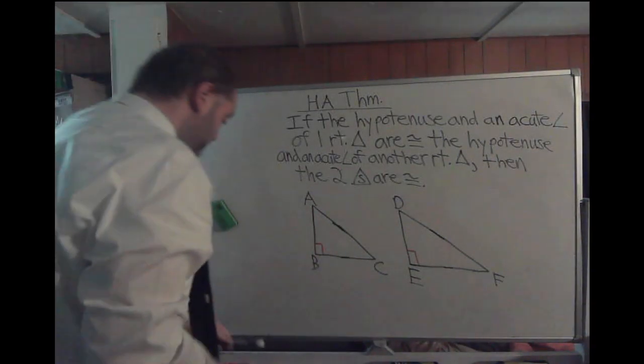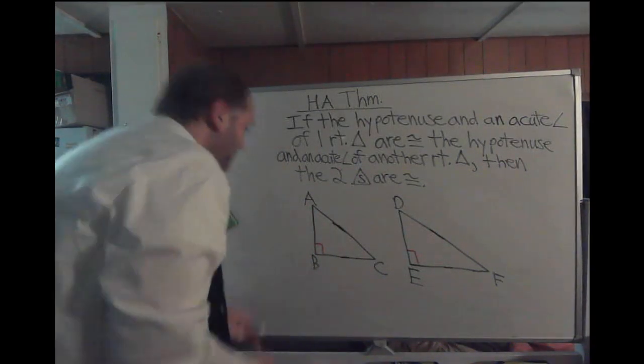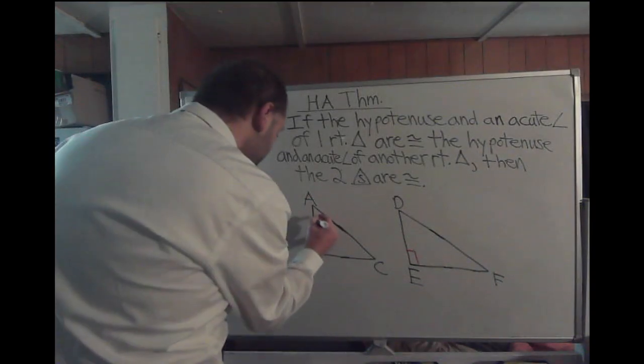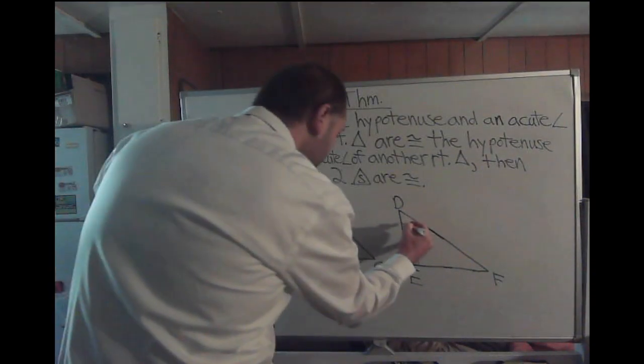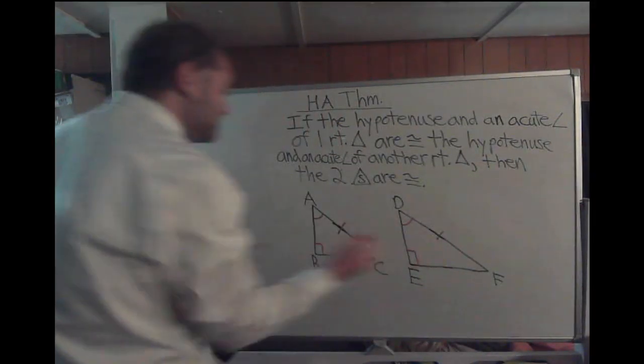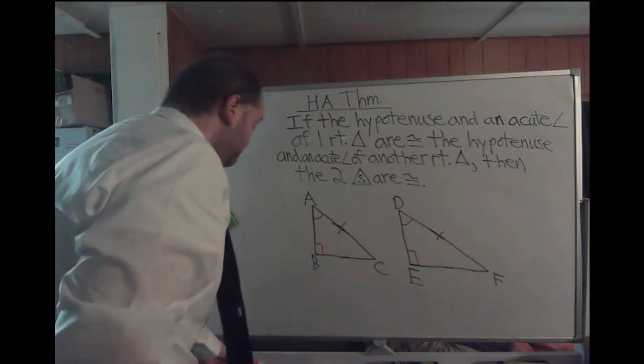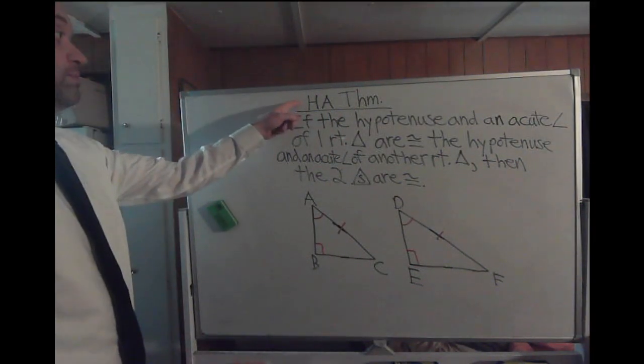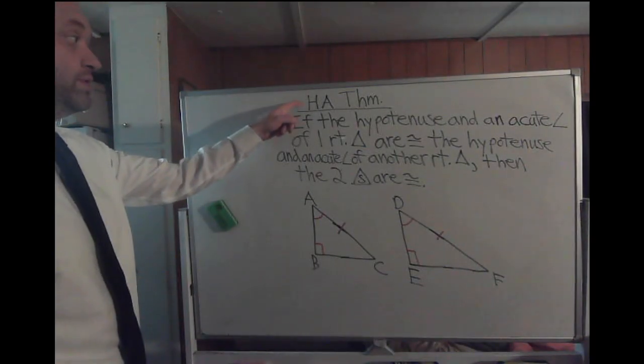So next, let's just make the congruency markers here first. Okay, next we have what's called the HA theorem, the hypotenuse-acute angle theorem.